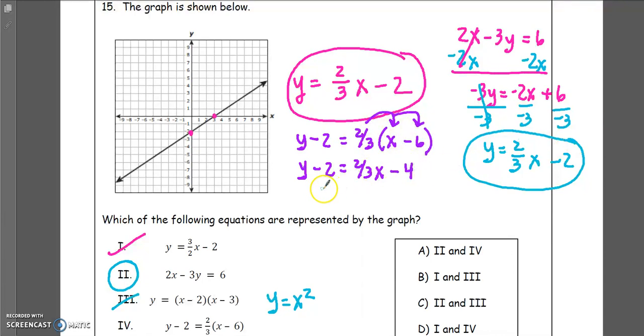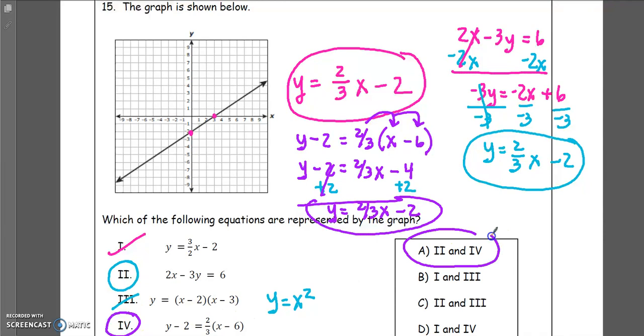And then we will add 2 to both sides. And that will leave me 2/3 x. And then negative 4 plus 2 is a negative 2. Again, the very same that we got right here. So 4 is going to be it. So I'm looking for 2 and 4 for my answer choices. That looks like A is going to be the correct answer.